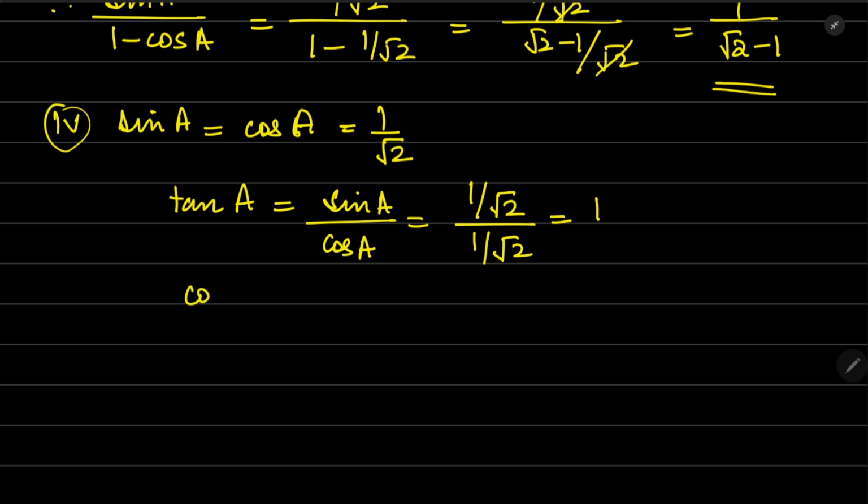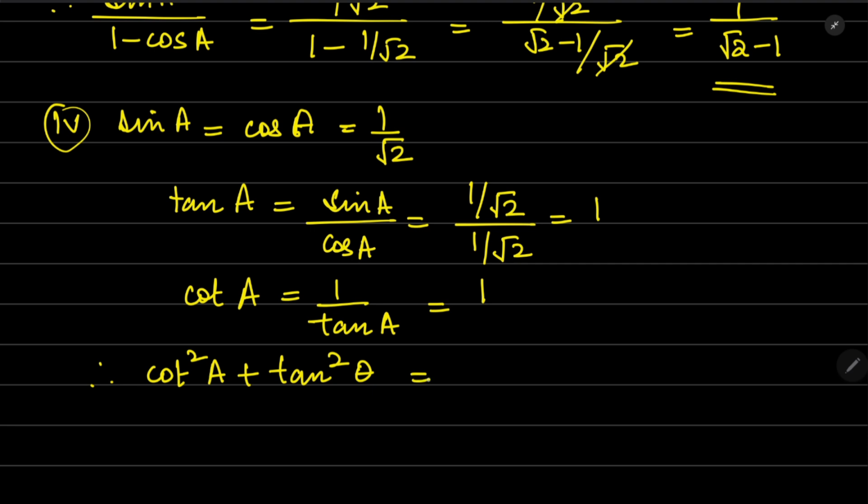And what is the cot A formula? 1 over tan, which is also 1. Therefore, cot square A plus tan square A is nothing but 1 square plus 1 square, which is 1 plus 1, which is 2. So this is the answer for the fourth one.